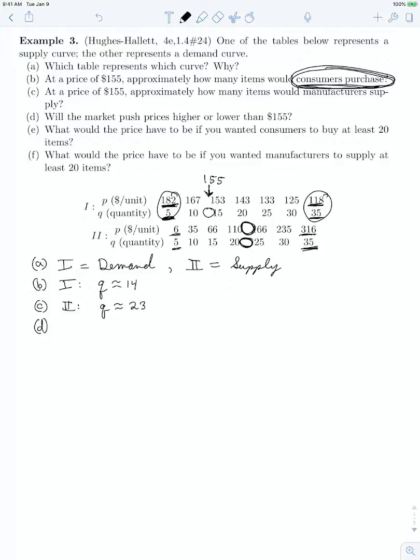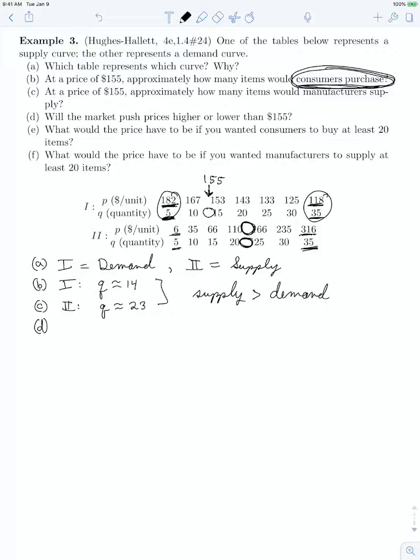In this case, it's also fairly simple just to look at the quantity involved and compare parts B and C. In B, we were talking about how many items the consumers purchased, and in C, how many items were being made or supplied, and you can see that the supply was higher. So the supply was greater than the demand, and that means the sellers have too much stuff.